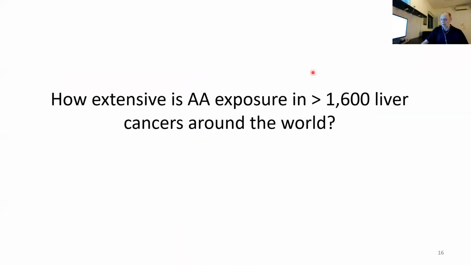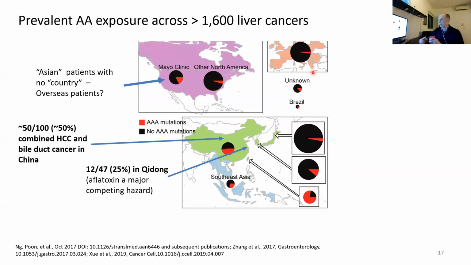It turns out that liver cancers have been fairly widely sequenced, so we could also ask how extensive is AA exposure in approximately 1,600 liver cancers from around the world. And somewhat still to our surprise, we found that AA is actually quite widespread. AA exposure is quite widespread in Asia. So here's Taiwan, still the hotspot, but a high number of exposed tumors in mainland China, a lot in Southeast Asia, a lot in Korea.